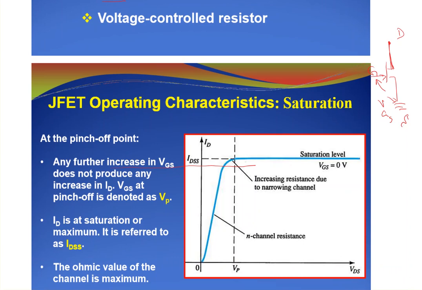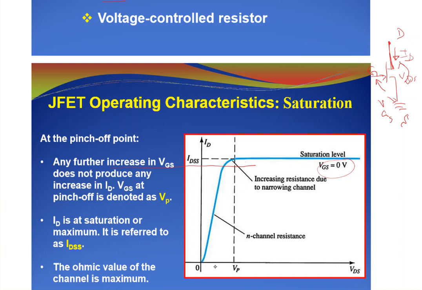So if you start with VGS at 0 and increase VDS, which is here, you will see an increase in the current ID. Actually, this is ID here.